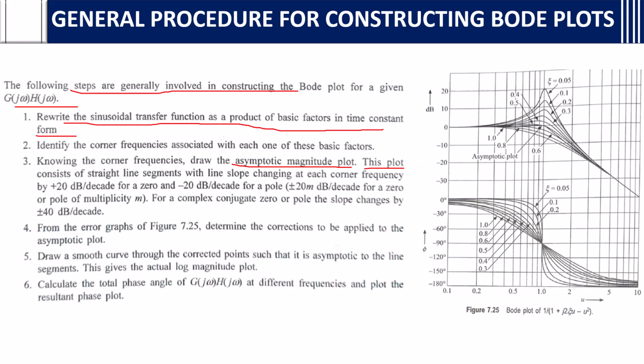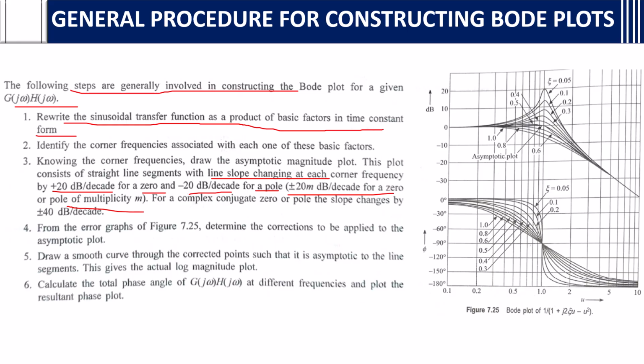So what you should remember here, the main thing is, once you get to know the corner frequencies, there is a slope present, and at the corner frequency it changes by plus 20 dB per decade for a zero and minus 20 dB per decade for a pole, that is, plus or minus 20 dB per decade for a zero or pole with multiplicity m.